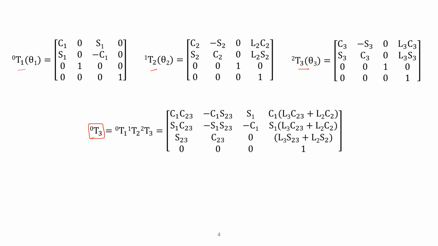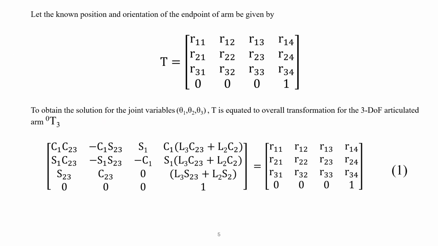Now you have the forward kinematic model with you, and also the position and the orientation of the end effector is known. Now equating both: this is your forward kinematic model, and this is the known position and orientation of the end effector. As given in the guideline, instead of using the rotation information, it is always suggested that we first use the positional elements to derive.